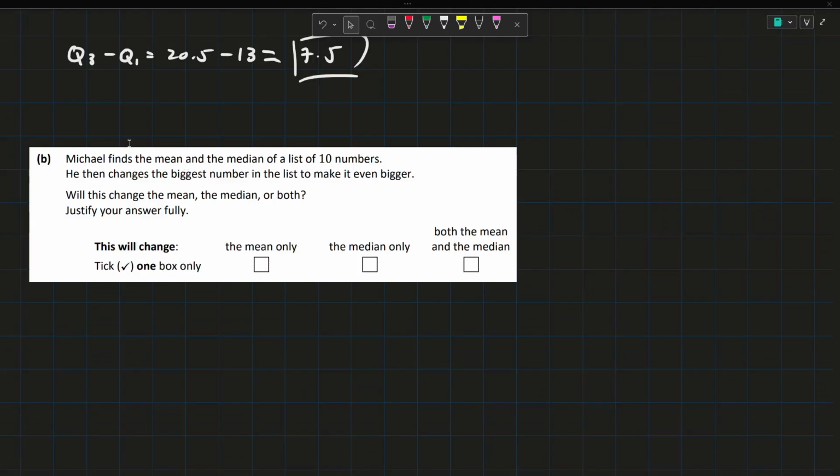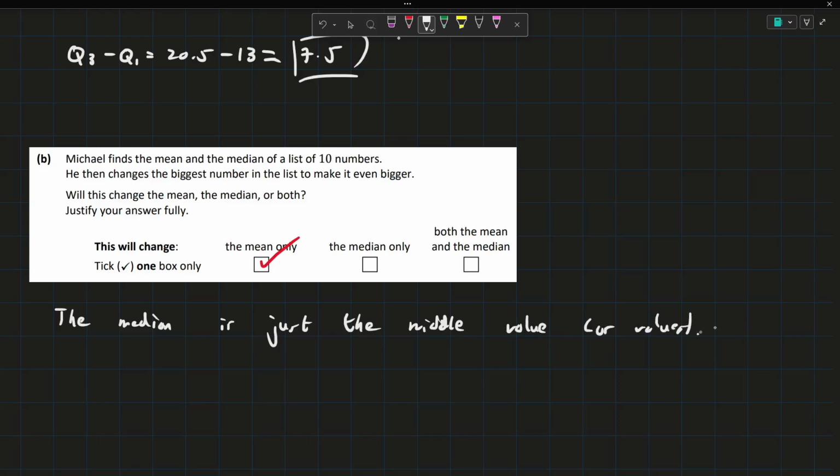Then we're told that Michael finds the mean and the median of a list of 10 numbers, and he changed the biggest number in the list to make it even bigger. Does this change the mean, the median, or both? The answer is that it only changes the mean. Why is that? Well, the median is just the middle value, or values, and they didn't change.